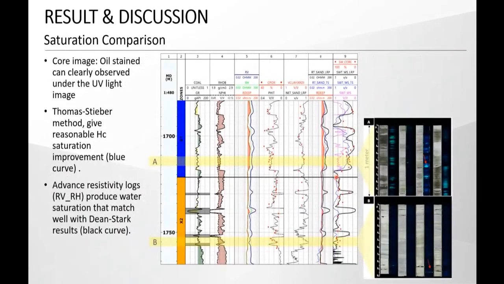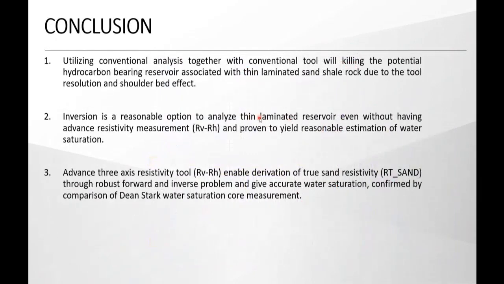So let's come to the conclusion. Basically, in a conventional approach, when we directly utilize the conventionally measured resistivity for our saturation calculation, we will miss the reservoir, or if not, it will give us a wrong volume and wrong saturation.